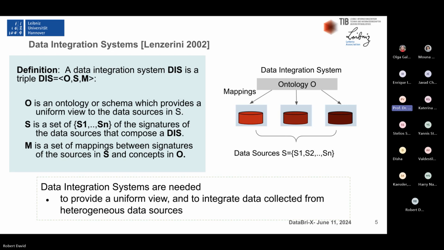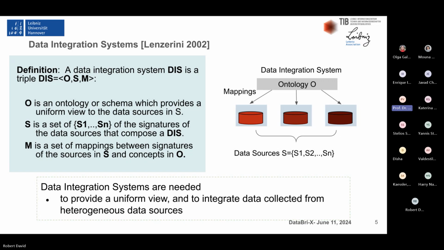Basically, we assume that we have an ontology and data sources, which can be in different formats, and we have the mappings. These mappings state the correspondences between the ontology, defined using any ontology definition methodology, and the sources provided by, in this case, the partner.